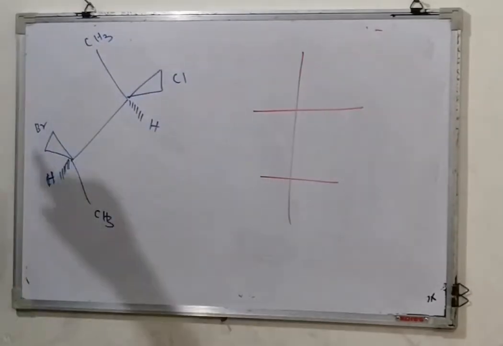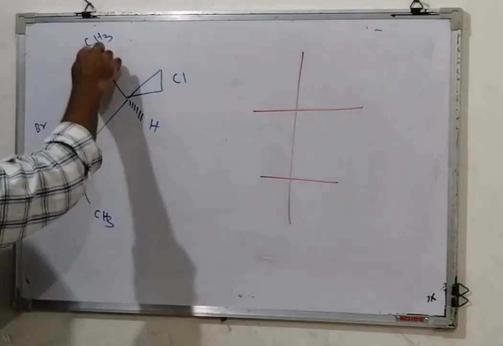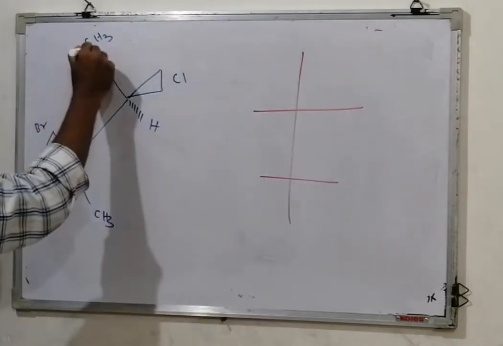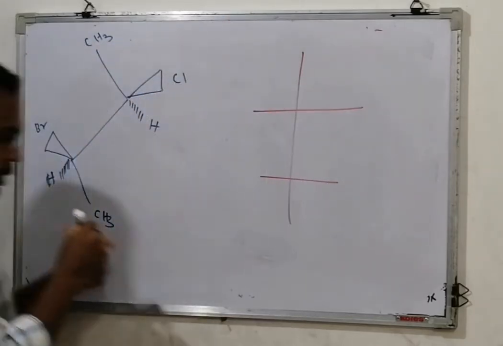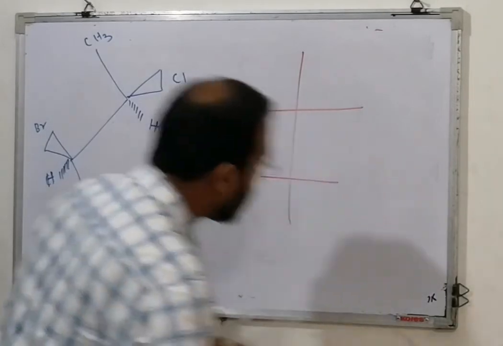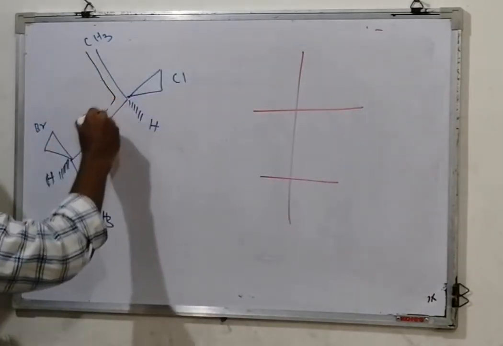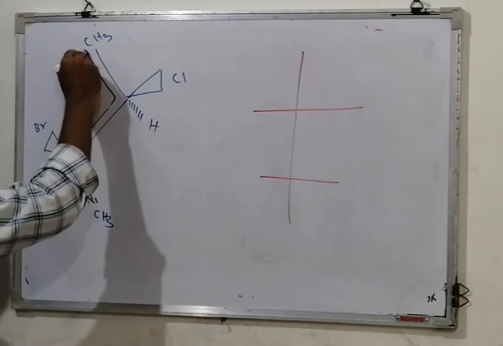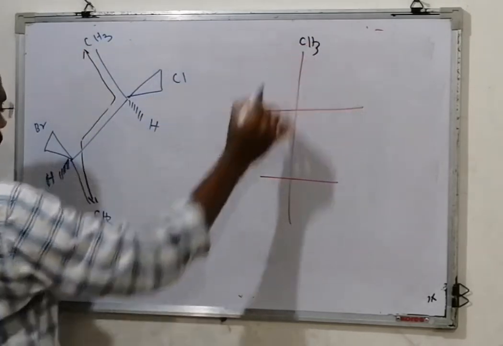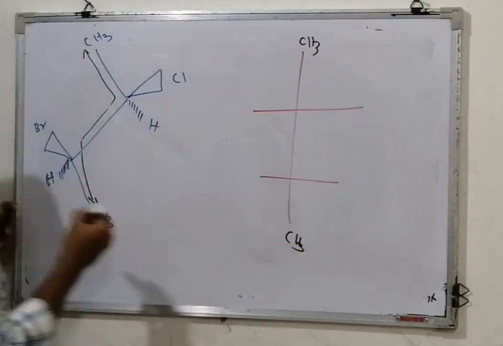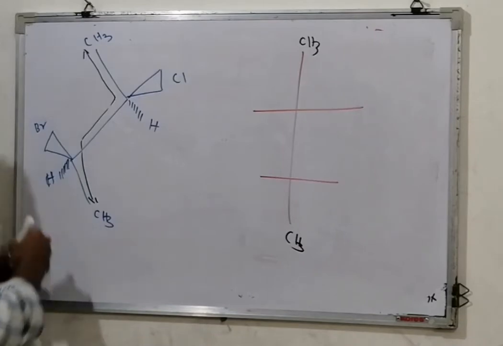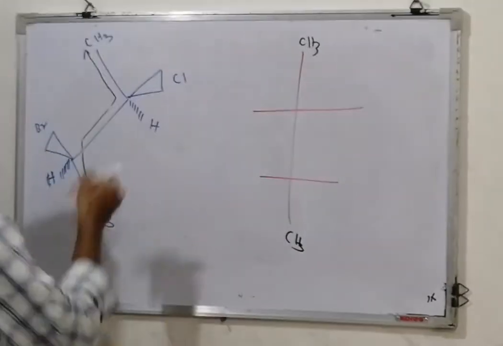Let us take the first one. Here, this is our vertical line, because the vertical line always represents the plane of paper. Therefore, here CH3, here also CH3. Now what about this point?